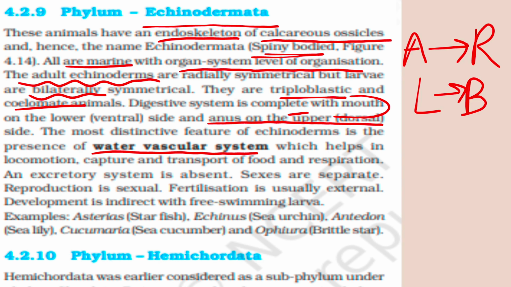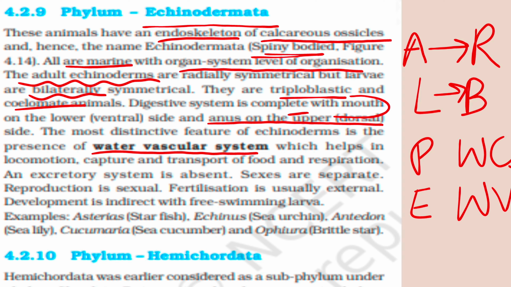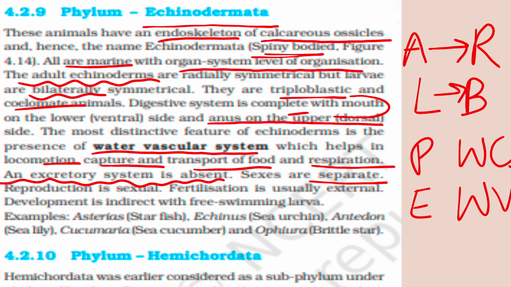It is very important to remember that Porifera has water canal system while Echinodermata has water vascular system. It helps in locomotion, capture and transport of food and respiration. Excretory system is absent. Sexes are separate.